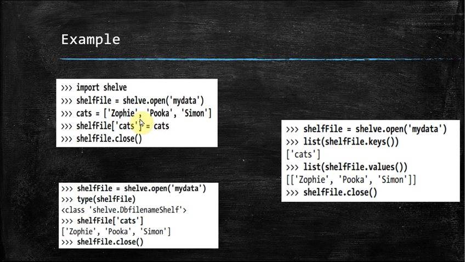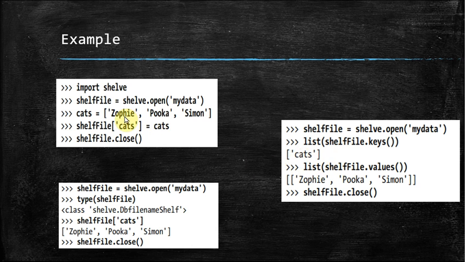So what did we say here? This list, whatever we have created, contains the names of the cats, right? So this cats is nothing but the key. When you say shelf file dot keys, the result you are going to get is cats. That is nothing but the key. Similarly, what are the values associated with this key?